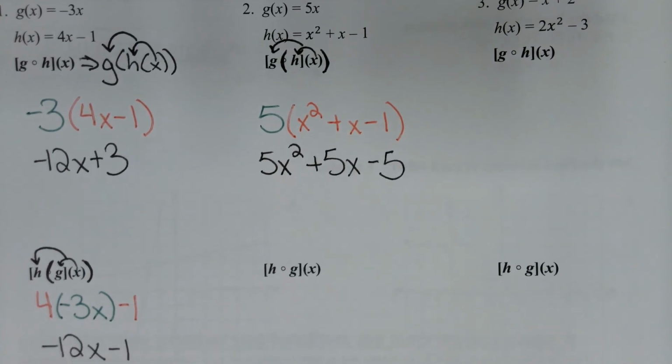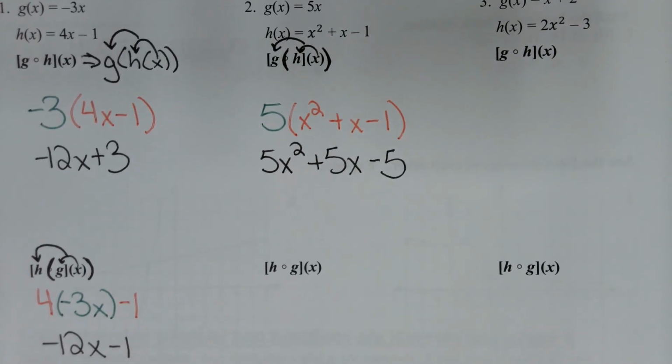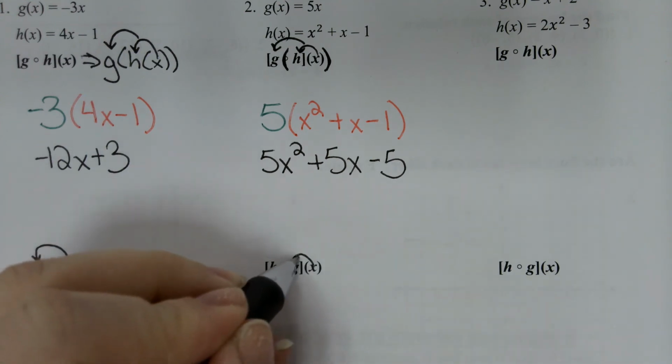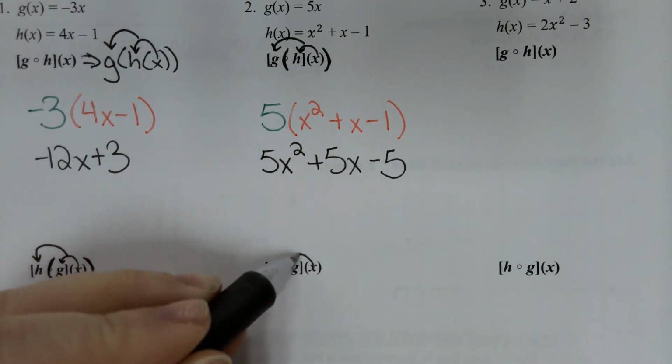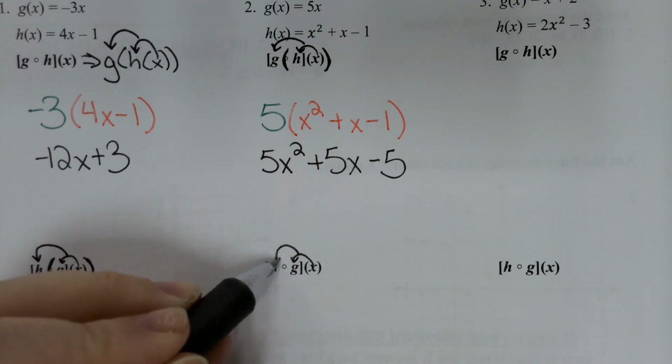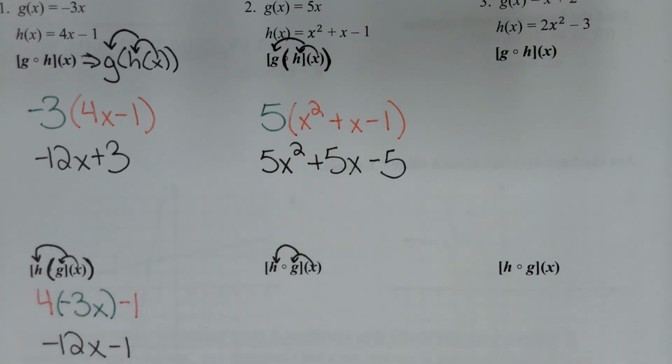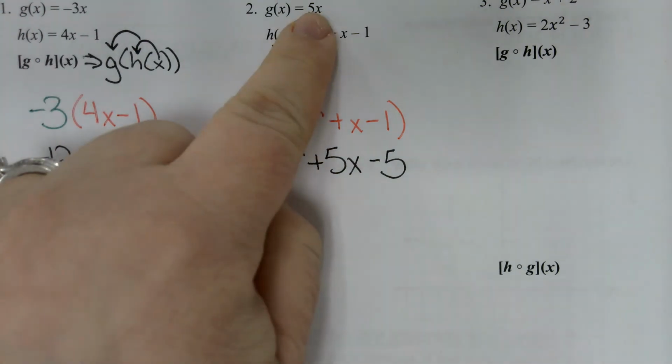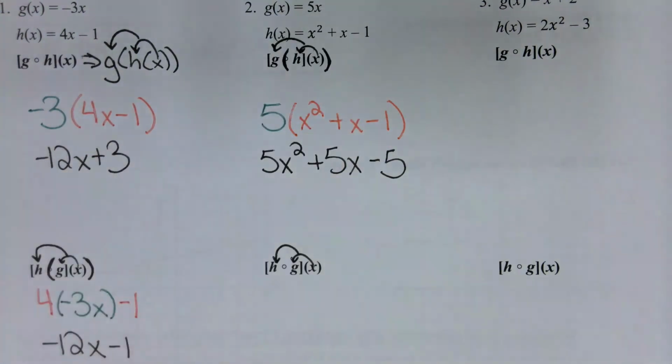And then we can go the other way around as well, which means since x is already being used in the g equation, we're going to take that g equation and plug it into h. So we are putting 5x into each of these x's.